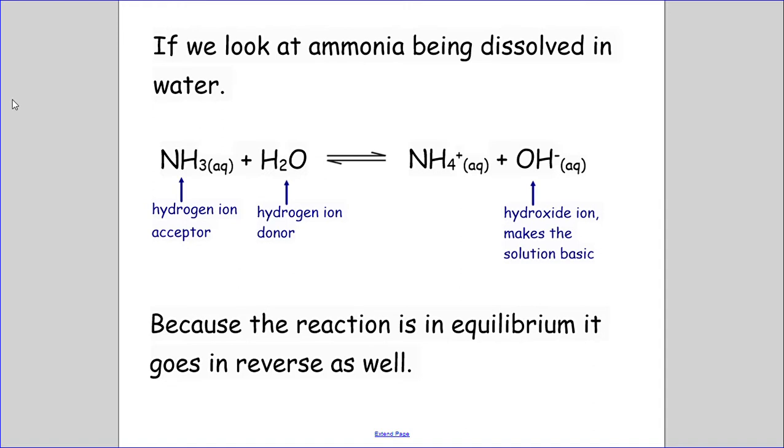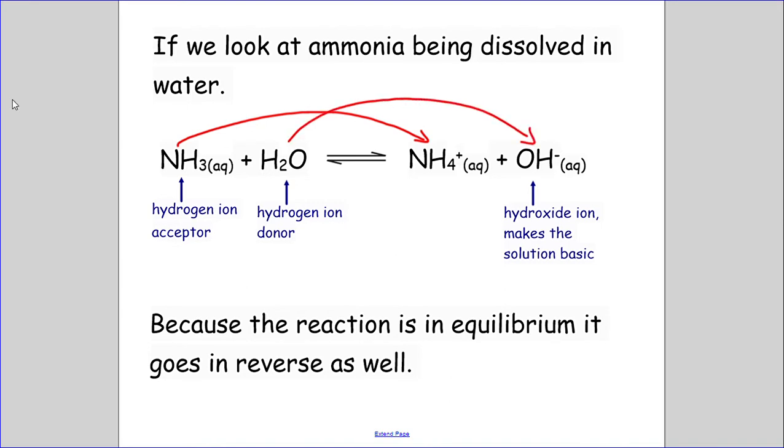If we look at ammonia dissolved in water, we have NH3 plus H2O, and then we get NH4 plus and OH minus. We have a hydrogen ion acceptor in ammonia. It can take on an extra hydrogen. We have a potential donor in water, and as this reaction happens, the ammonia takes on the extra hydrogen, and the water loses it and becomes our hydroxide.